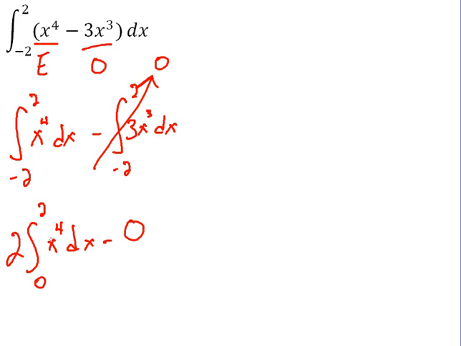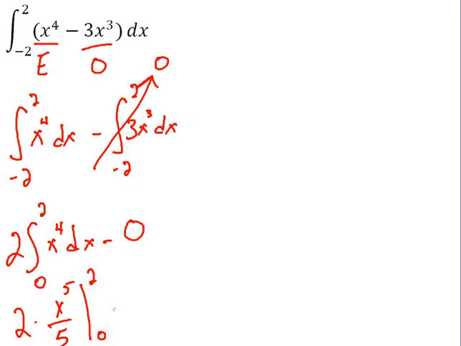Going from 0 to a number is easier than going from one constant to another, because when you evaluate at 0, you just get 0 and don't have to do anything; we only have to evaluate at 2. So we integrate and get x to the fifth over 5, and we evaluate that from 0 to 2.